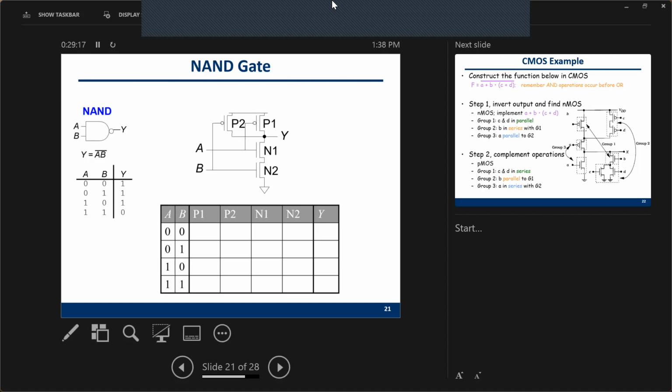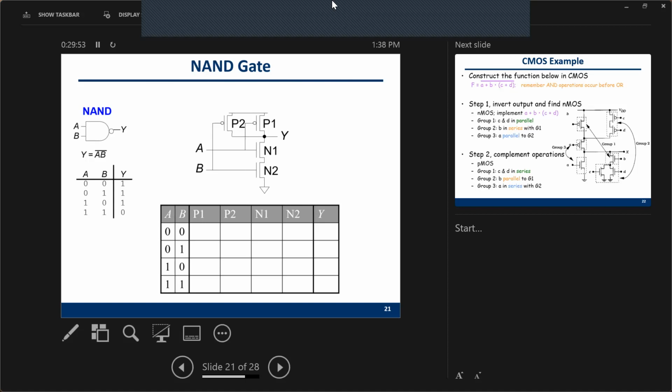Because they are connected in sequence. However, if either A or B is 0, one of these PMOS will be closed, and the VDD will pass through it and arrive at Y. So both of these 2 rows will generate a 1 here.